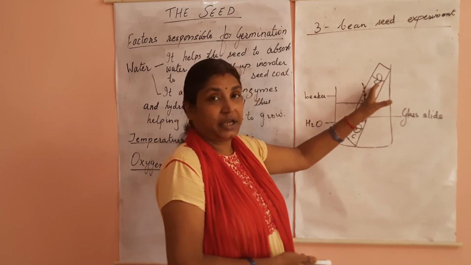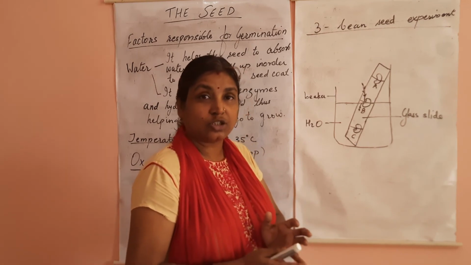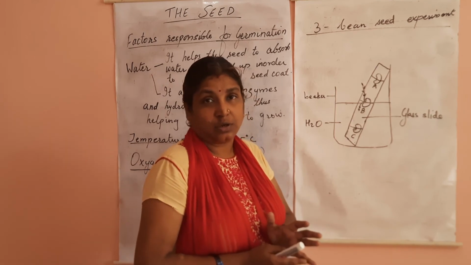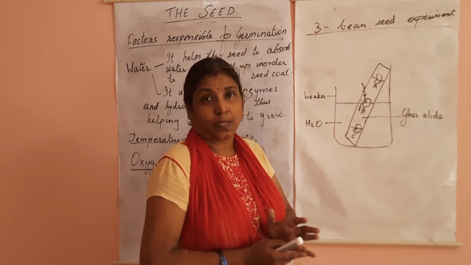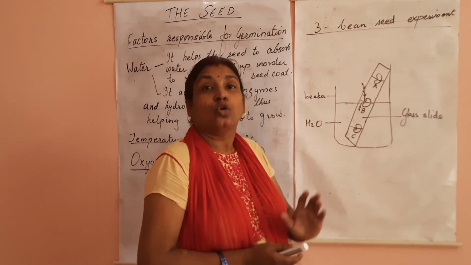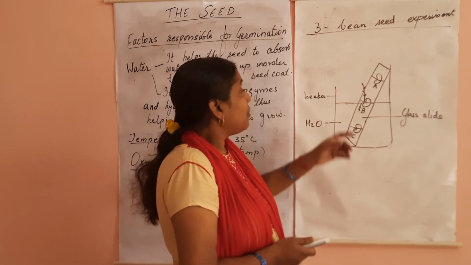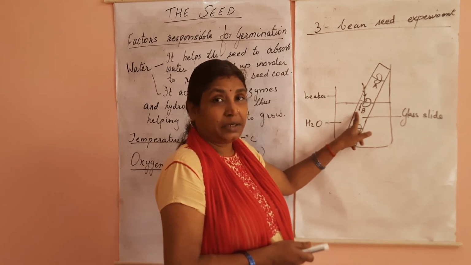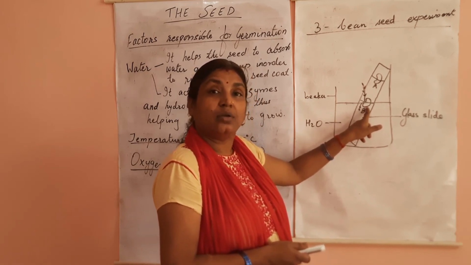Seed A is totally in air. So it is getting suitable temperature, and it is getting a proper amount of oxygen as well. But it is not getting any water. The seed is absolutely dry, and since there is no water, no enzymatic activity takes place, and hence no growth is seen. But if I look at seed B, half of the seed is above the water and half is dipped in water.